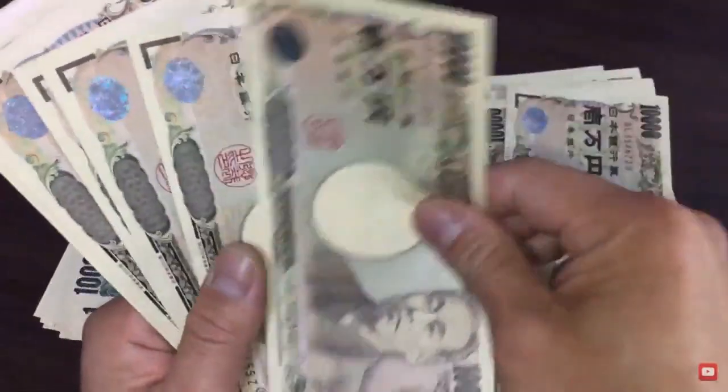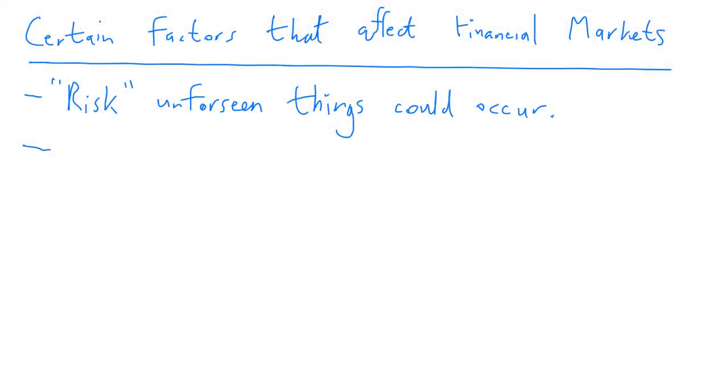But there's another form of uncertainty that's much more interesting, and we defined it last class. We called it asymmetric information.